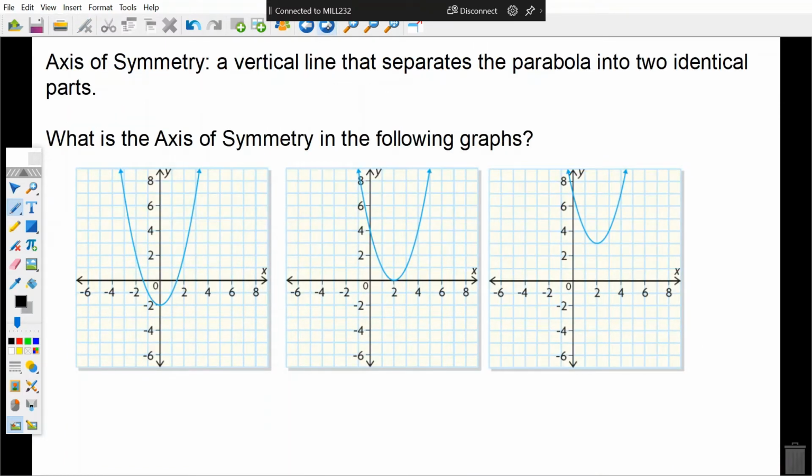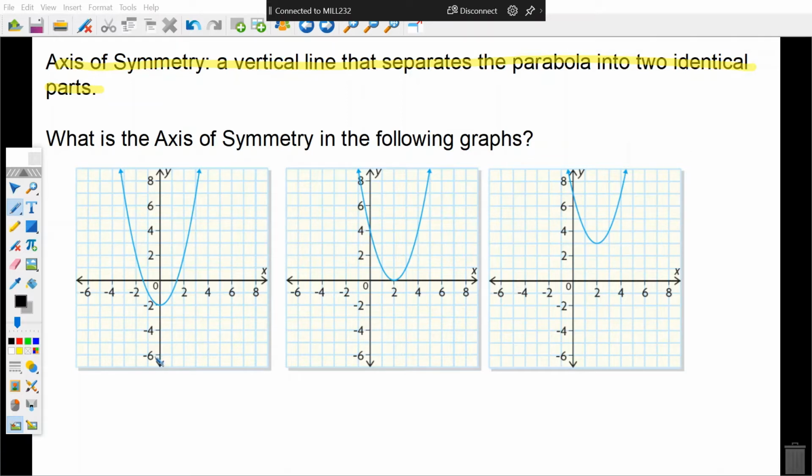Next. The axis of symmetry, as we mentioned earlier, is the vertical line that separates the parabola into two identical parts. Okay? So here's those same three graphs. Now we're asked for the axis of symmetry.